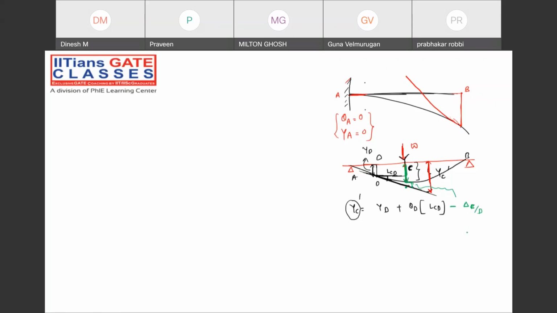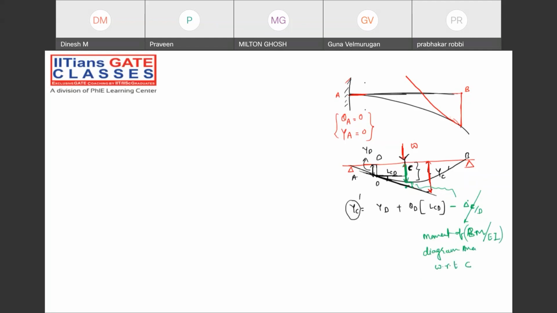It is nothing but the area of the moment diagram, sorry, just wait. This is nothing but the moment of the bending moment diagram area, BM by EI, bending moment diagram area with respect to point C.